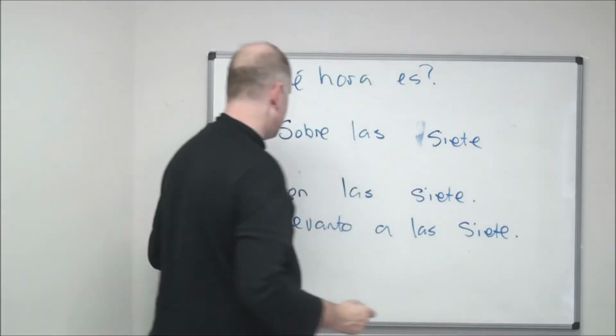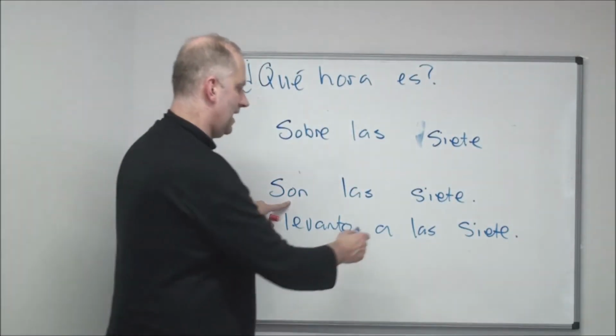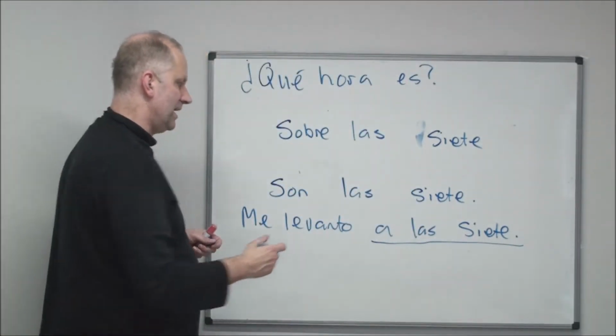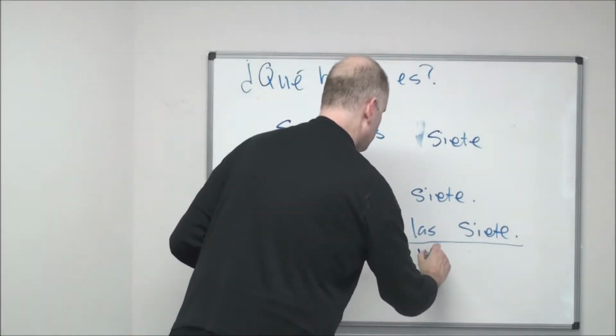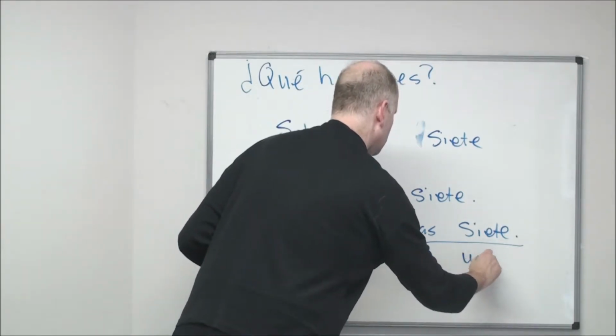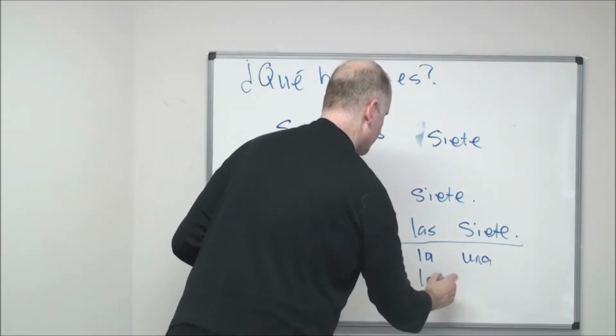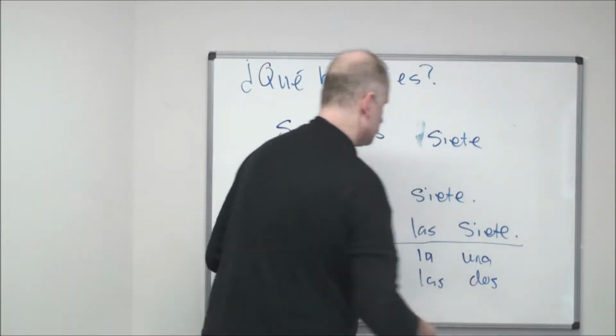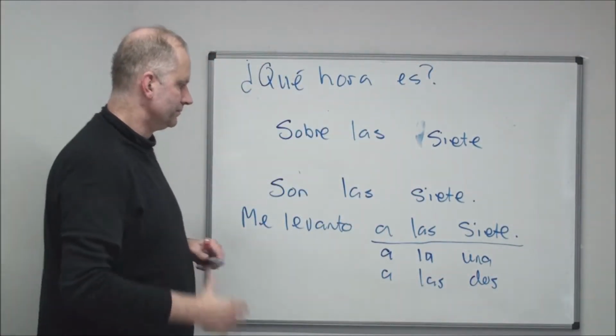So it's the difference between it is 7 and at 7. Whenever it's at a time, it's going to be a la if it's una, or a las for all the other times bigger than 1 o'clock, a las dos, a las tres, all the way through.